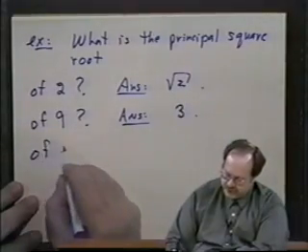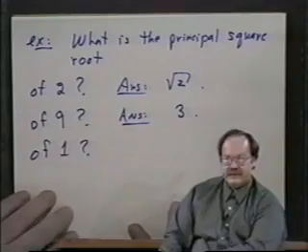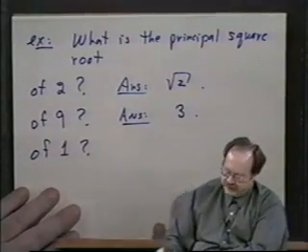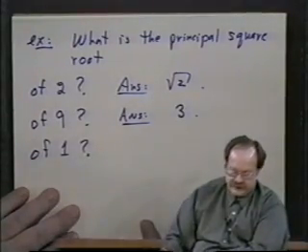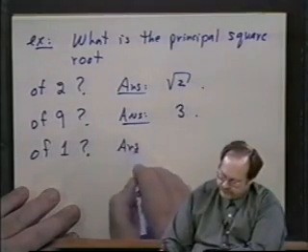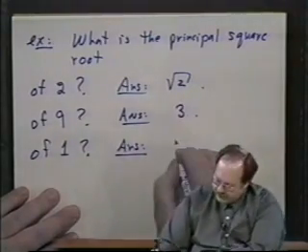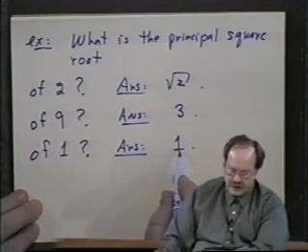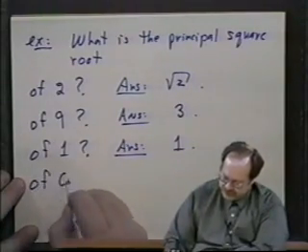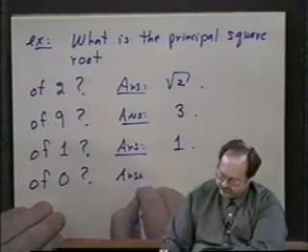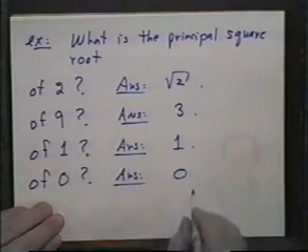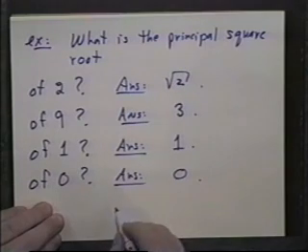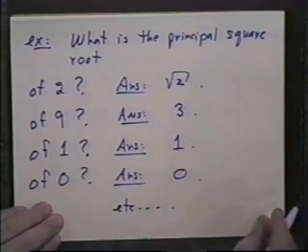What's the principal square root of 1? To start with some of the ending cases, the cases that are sort of on the edge. Answer, 1. 1 is its own square root, because 1 squared equals 1. What is the principal square root of 0? Answer, 0. Another number that's equal to its own square root. Okay?